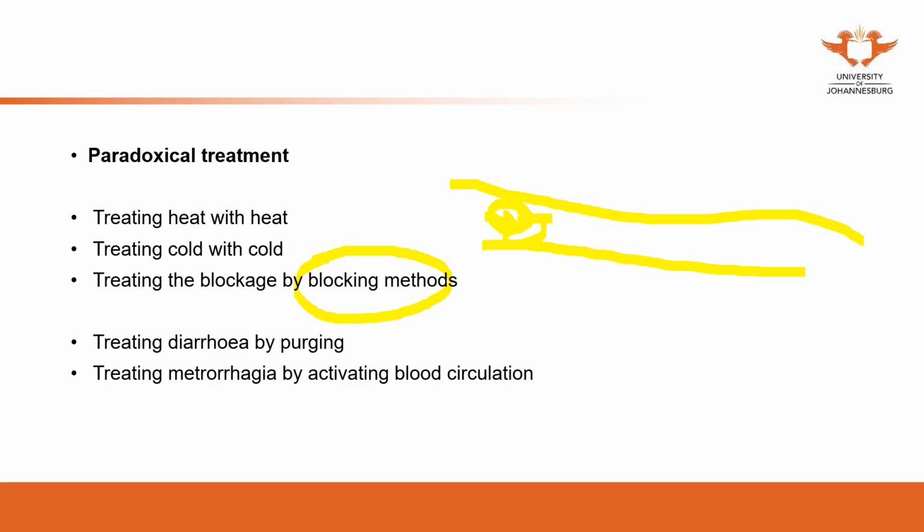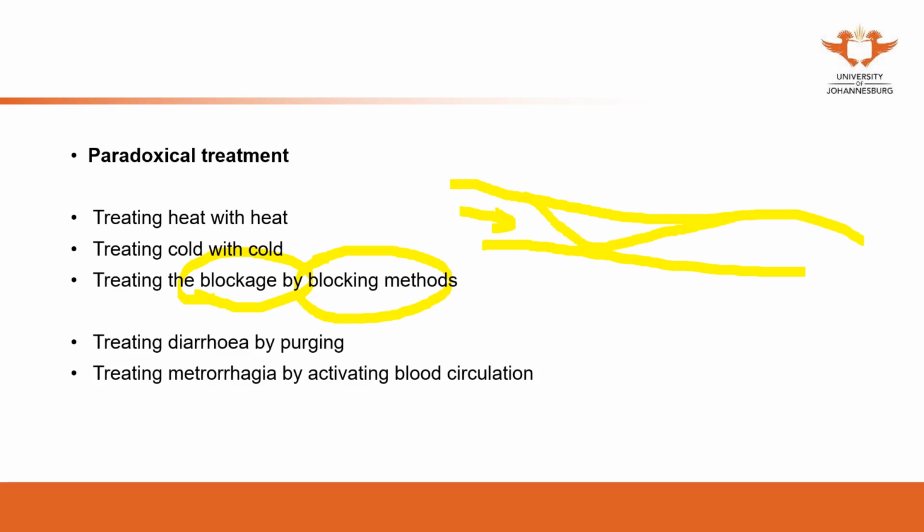Can this work? That's because this blockage is due to deficiency. For instance, just imagine here are the pathways of the flow. Because of deficiency, we don't have enough substance to support the pathway, so it becomes smaller, even blocked, so nothing can move.